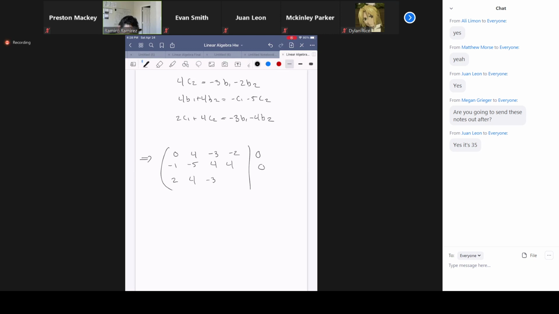Oh, shoot, sorry. There should be that. For C1, C2, B1, B2, and then 0. So if you RREF this, you should get some conditions. So I guess I'll just do it here. This should be the last one though. Like after this, we're done.